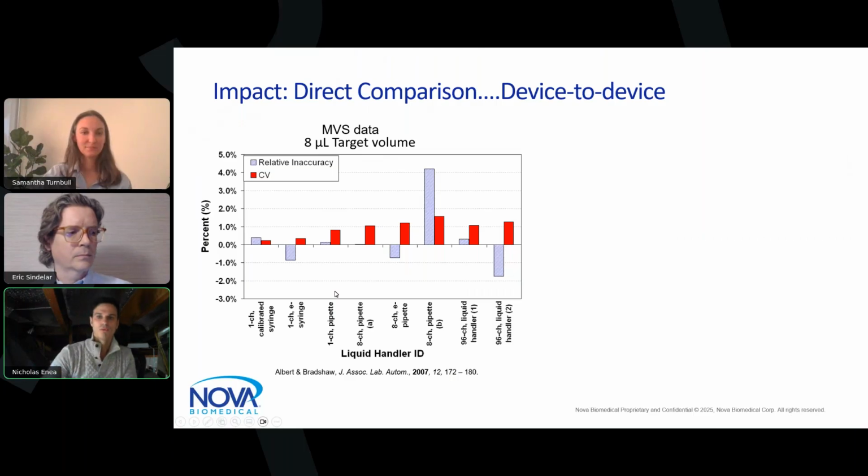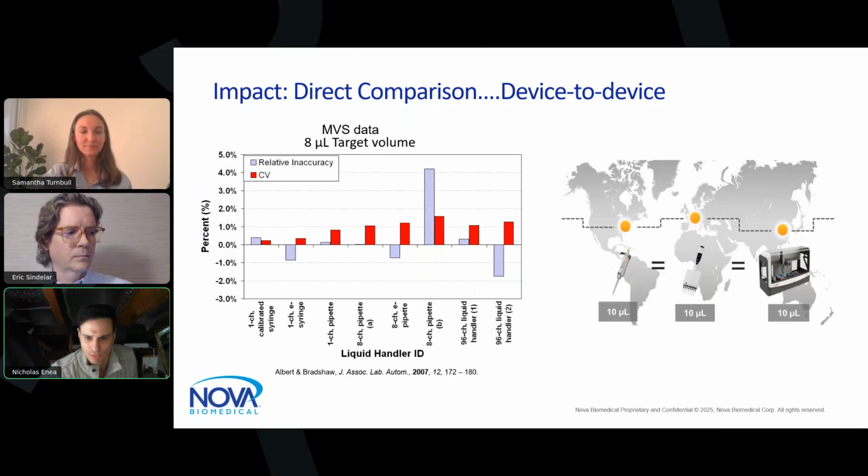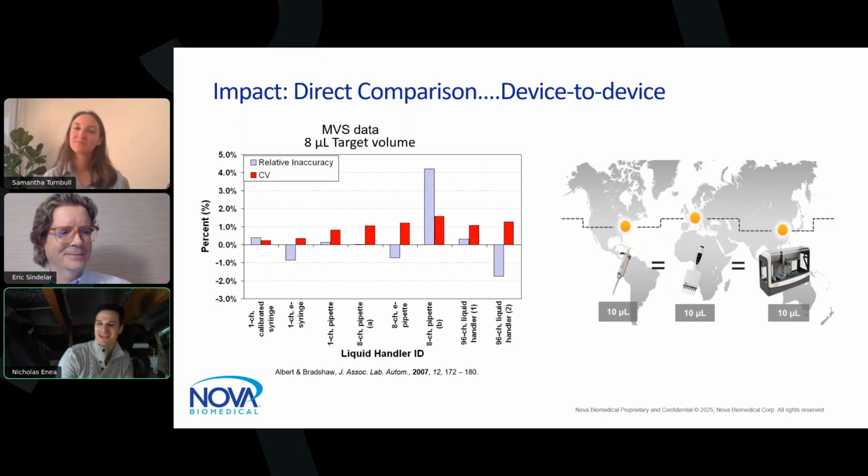When we did this example at Artel, we took a multinational company and measured 10 microliters through a whole process from the bench all the way to a liquid handler. Sorry to our Hamilton folks, this wasn't one of the Hamilton liquid handlers. This was a Beckman, but we won't say anything. We looked from their manual steps, to multi-channel pipettes, all the way to the transfer step to an automated liquid handler.